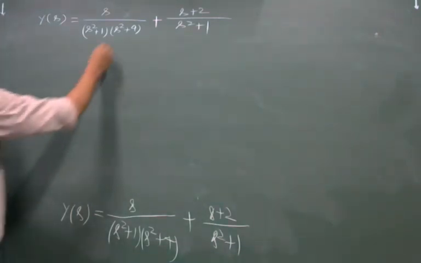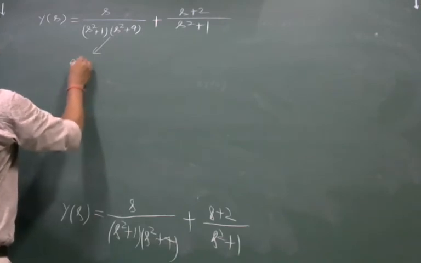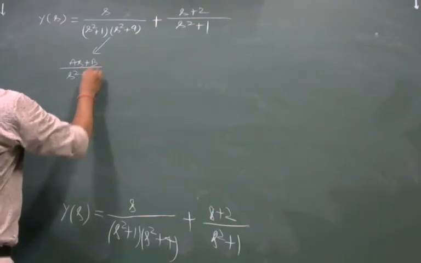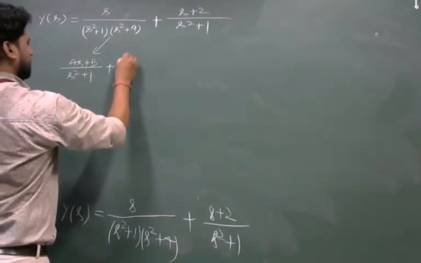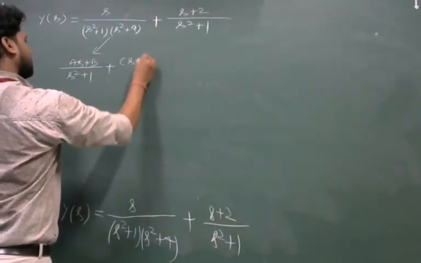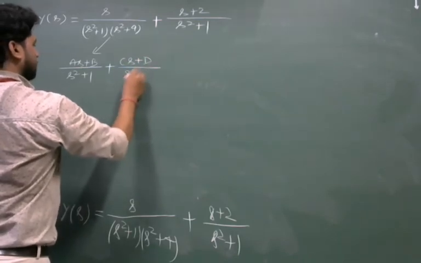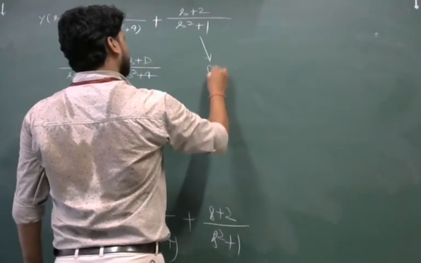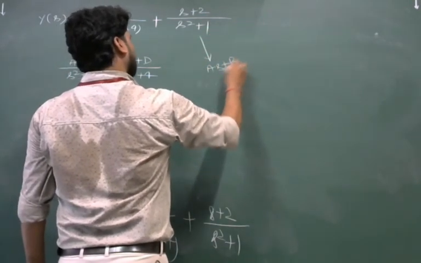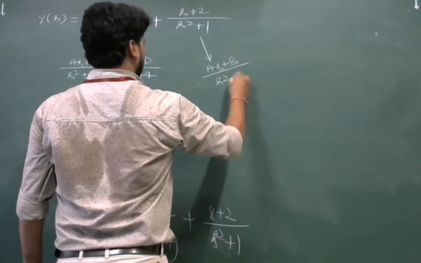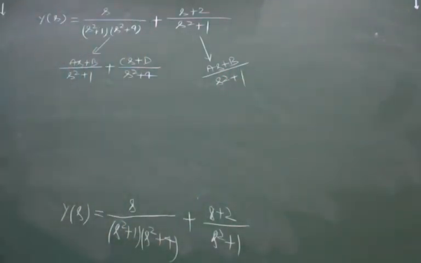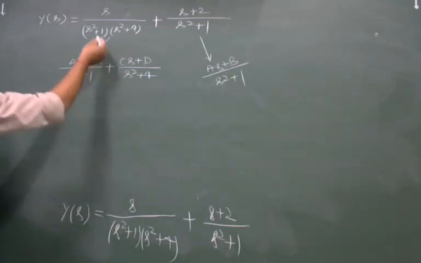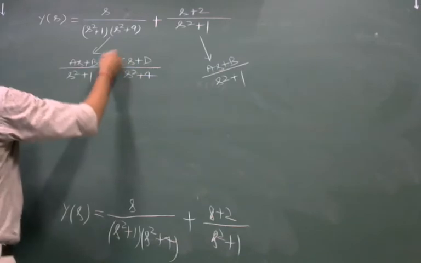We can write it as (as plus b) upon s square plus 1 plus (cs plus d) upon s square plus 4. To get the values of a, b, c, d here, we will simplify this and compare the numerator of both sides.